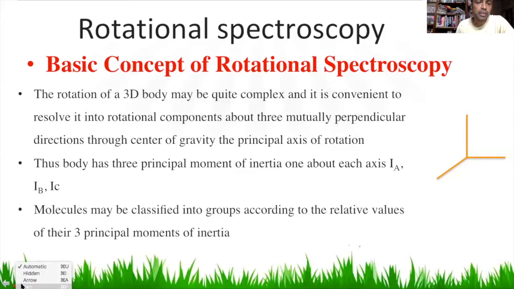So if you see here, I'm showing a three-dimensional body, a 3D body, which is very complex, and it's all about the three perpendicular axes. Consider this one the y, this one the x, and this one the z direction.